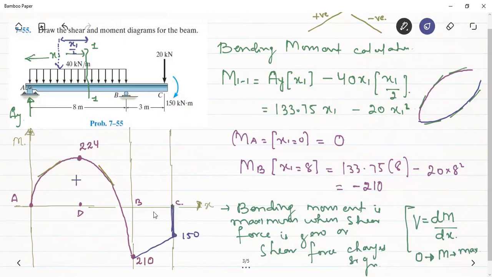So this is the positive bending moment, and this is the negative bending moment.